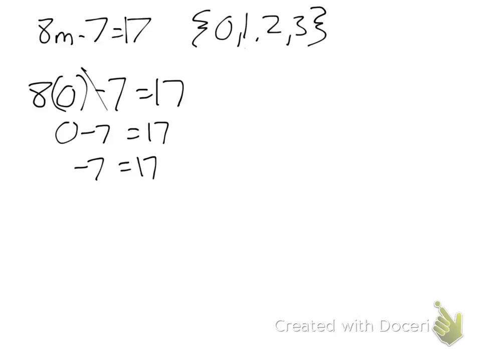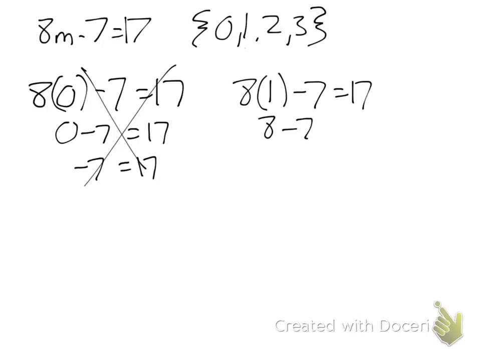No. So guess what? 0 is not the solution. And then I go to 8 times 1 minus 7 equals 17. What's 8 times 1? 8 minus 7 is 1 equals 17? No, that doesn't work.